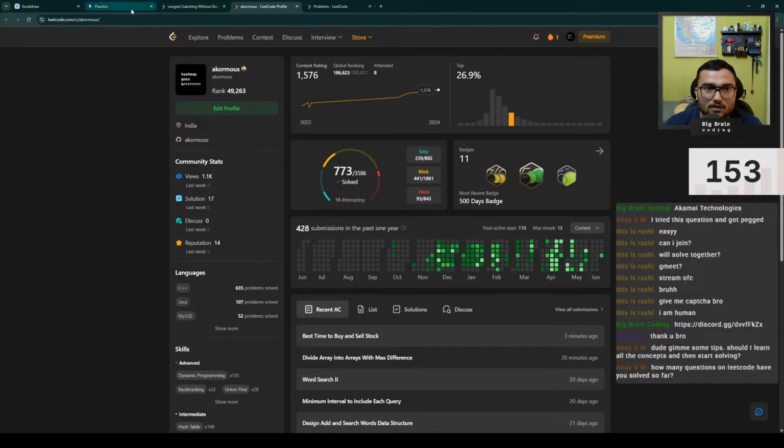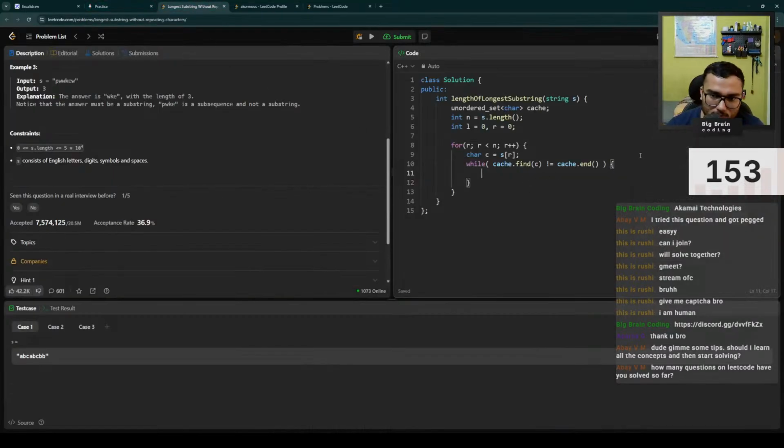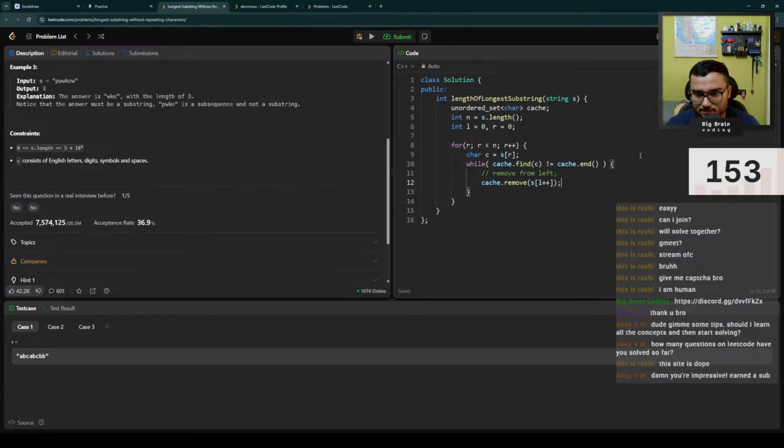Okay, let's get back here. So if this is already present, then I have to remove from left. So what do I do? Cache remove from left. So what I have to do is cache dot, I think it is remove s dot l plus plus, then cache dot insert c. r plus plus is already happening, and at this point we can get the max length.